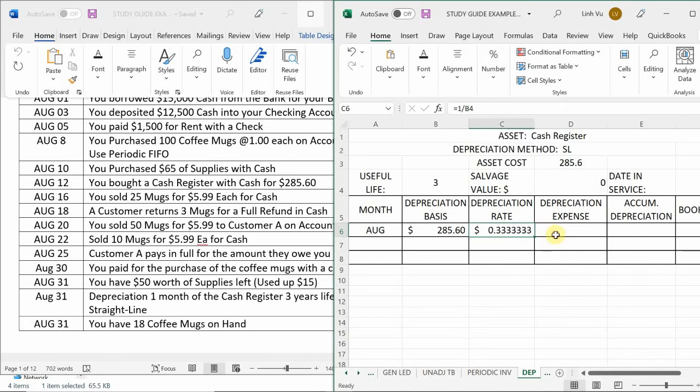Okay, so then how much depreciation am I going to incur for the month of August? 95.20. Now, is that for the month or for the year? Oh, for the year. We need the month. Good.